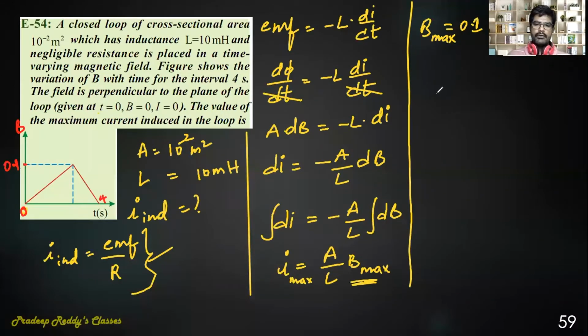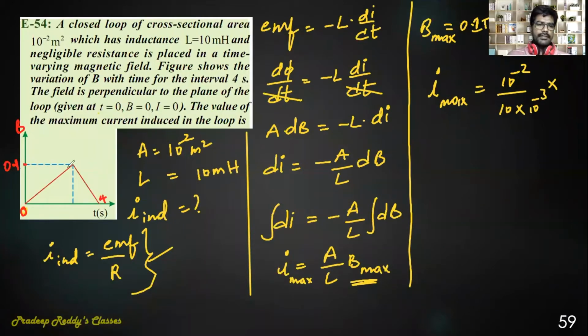I can substitute that over here. However, current is a scalar. This negative sign represents direction. It is due to Lenz's law. So I maximum will be equal to the area of cross section, 10 power minus 2, divided by L, which is 10 millihenry, 10 power minus 3, into B maximum.